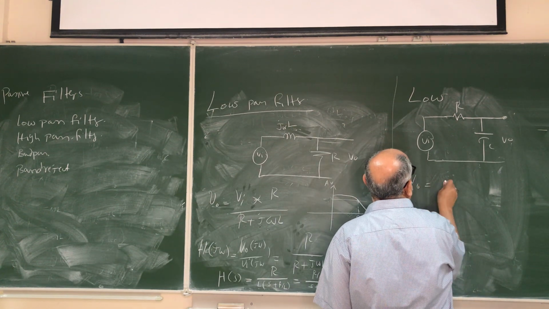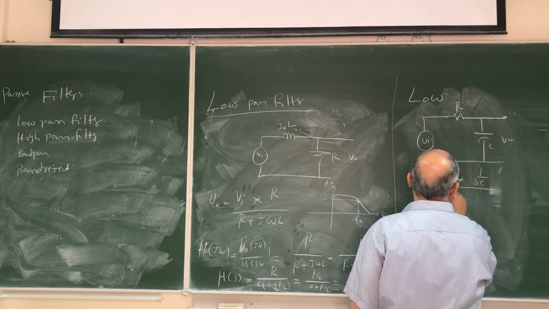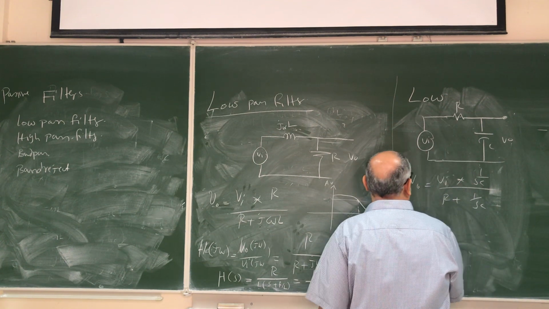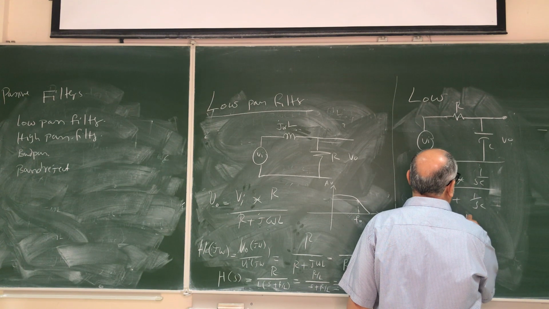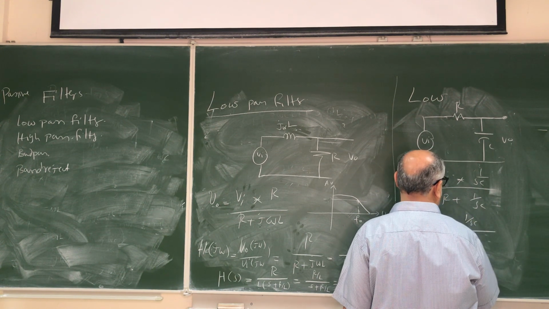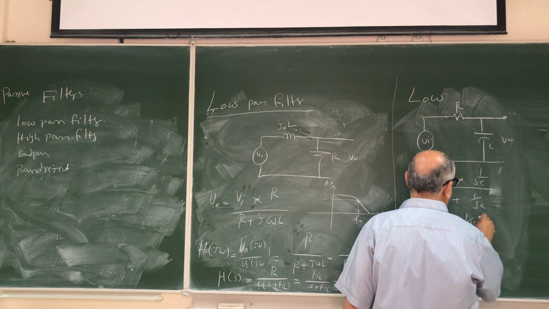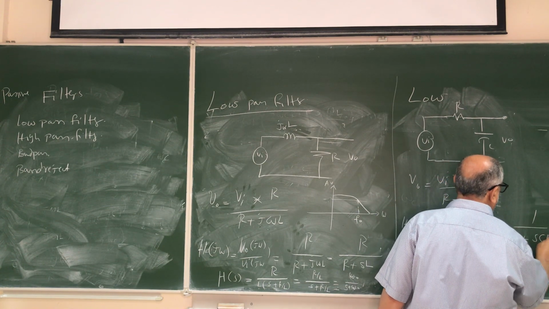We can say V out is equal to Vi times 1 over SC divided by R plus 1 over SC. So H of S is equal to 1 over SC over, we can take SC as a common factor here, so this will be 1 plus SCR, this will cancel this, and we have 1 over 1 plus SCR.